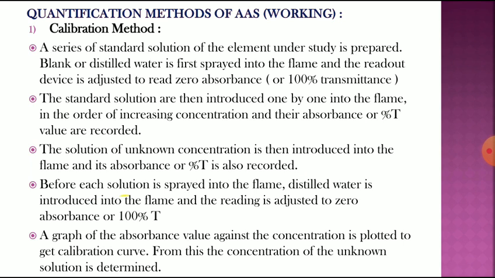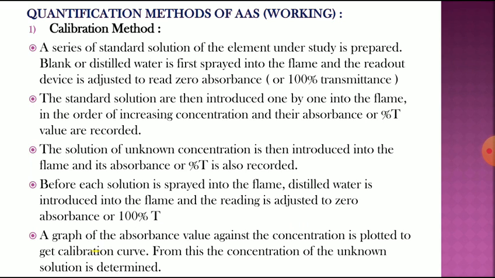Before each solution is sprayed into the flame, distilled water is introduced into the flame and the reading is adjusted to zero absorbance or percent transmittance. That means before putting each solution, we have to insert distilled water into the flame to adjust the zero reading, as we have already done.